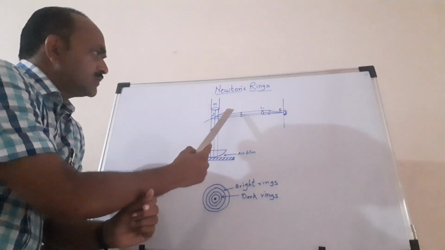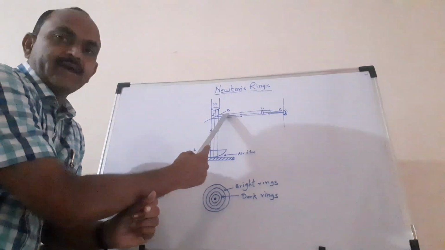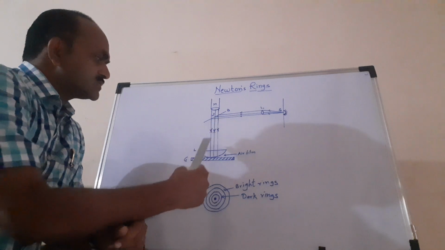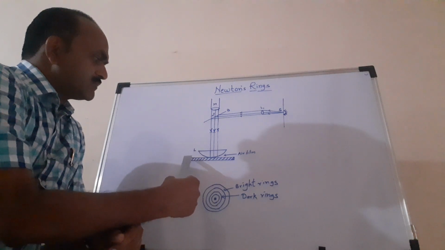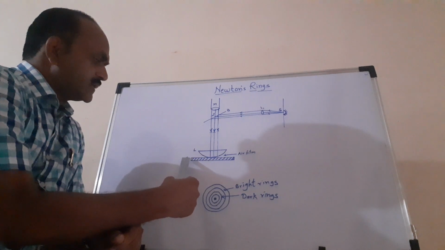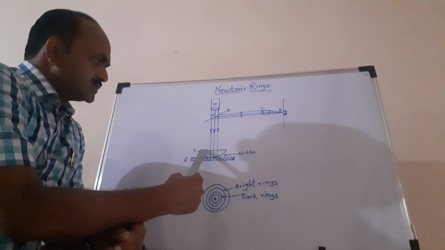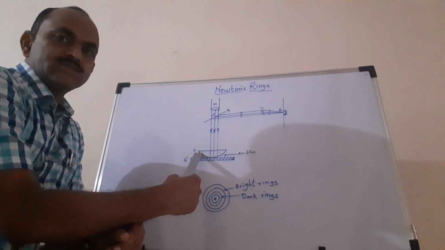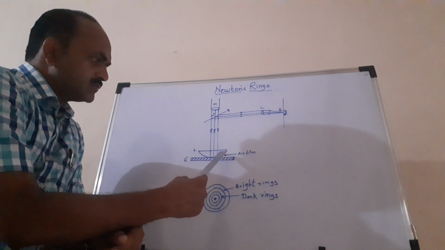It is incident on this glass plate B, which is kept at a 45-degree angle, and then it is reflected towards this lens L and glass plate G. At the contact between lens L, a plano-convex lens, and the glass plate, an air film is formed.